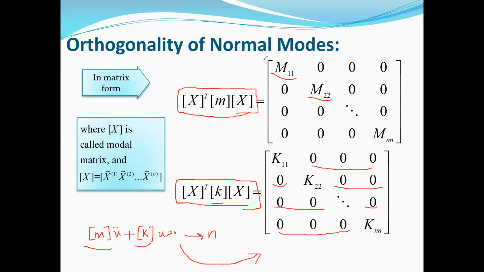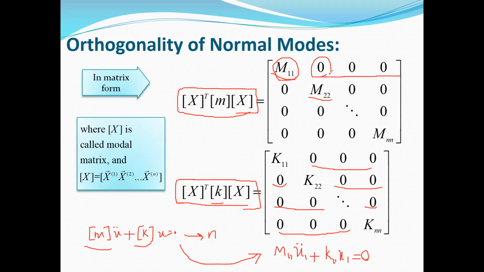For example, the first equation is m11 multiplied by x1 double dot plus k11 multiplied by x1, and it's equal to some terms on the right hand side. This is the characteristic, because in the mass matrix the first component is m11 and the other components are 0.